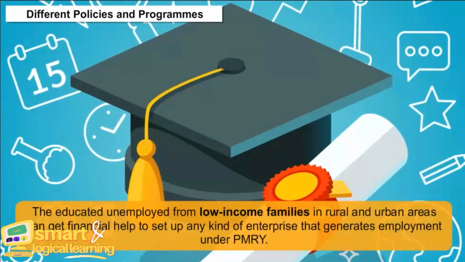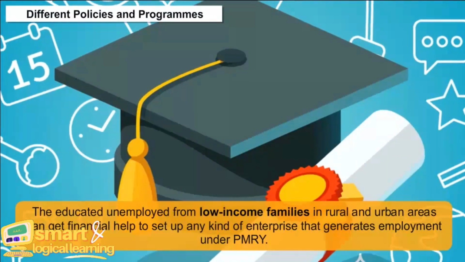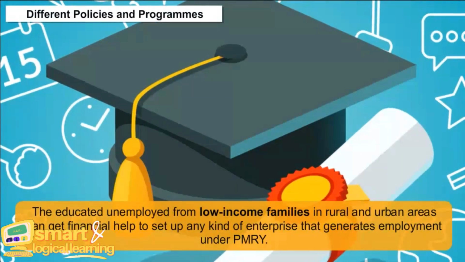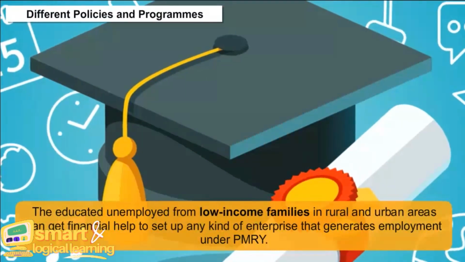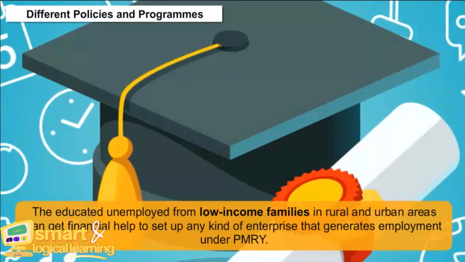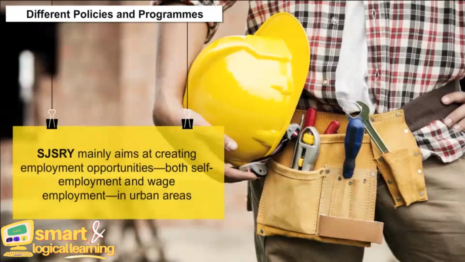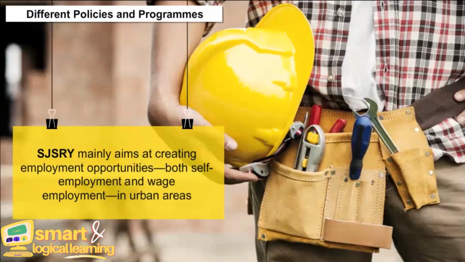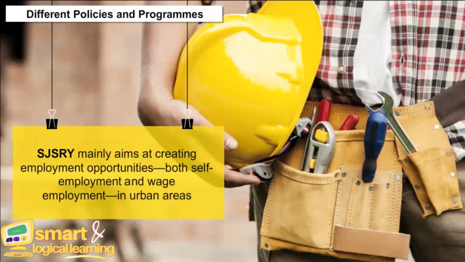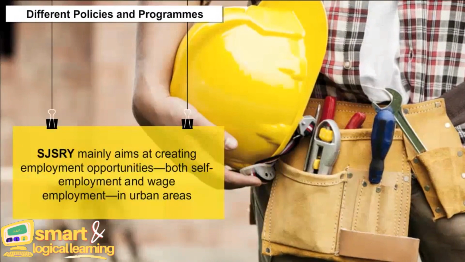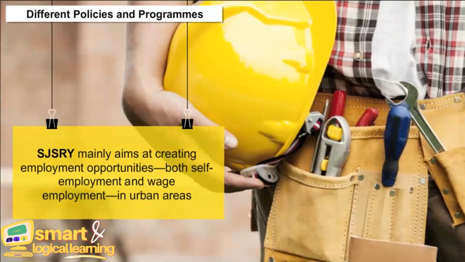The educated unemployed from low-income families in rural and urban areas can get financial help to set up any kind of enterprise that generates employment under PMRY. SJSRY mainly aims at creating employment opportunities, both self-employment and wage employment in urban areas.